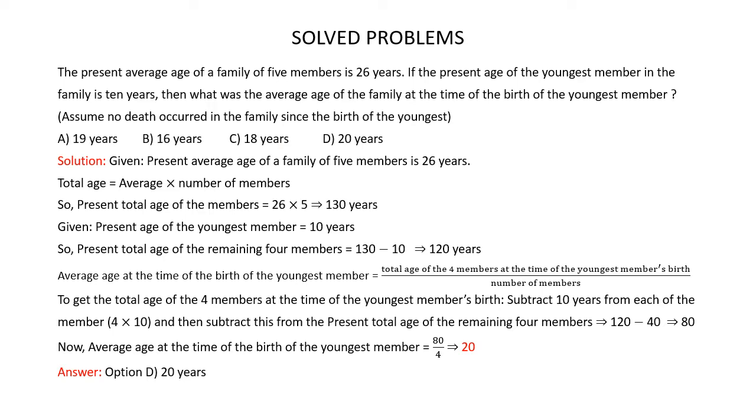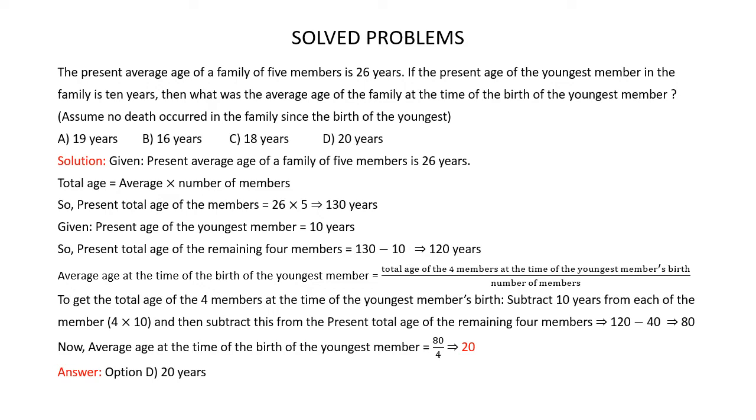So here you are asked to find the average age of the family at the time of the birth of the youngest member. Since the present average age of the family of 5 members and the present age of the youngest member is given, you can find the present total age of the 4 members excluding the youngest member.